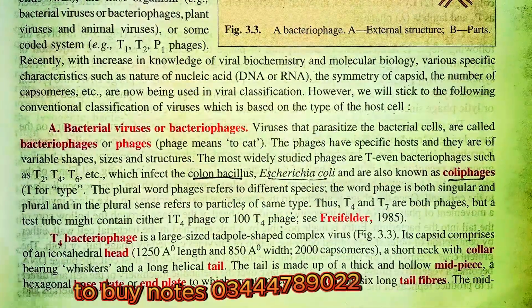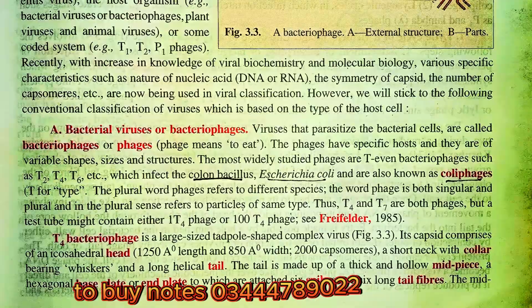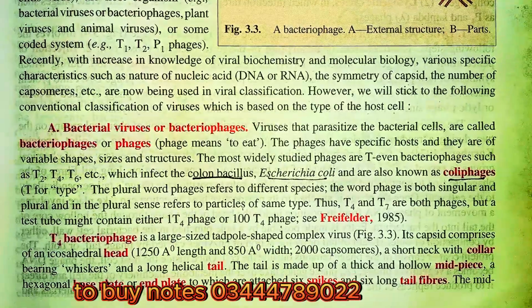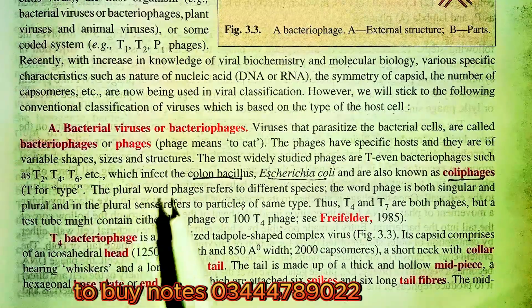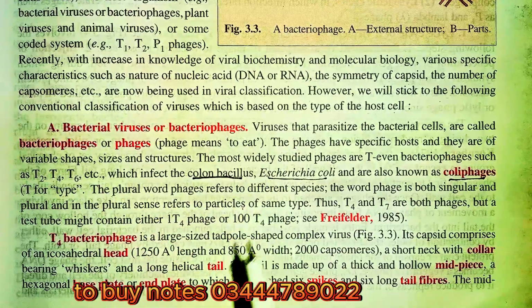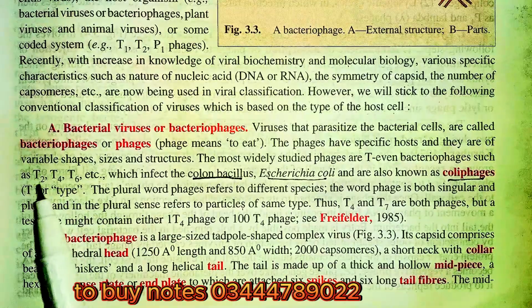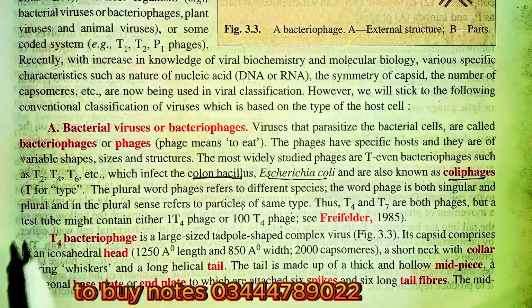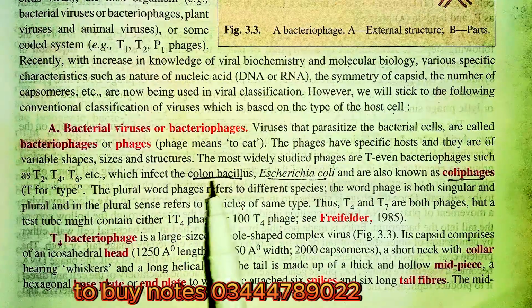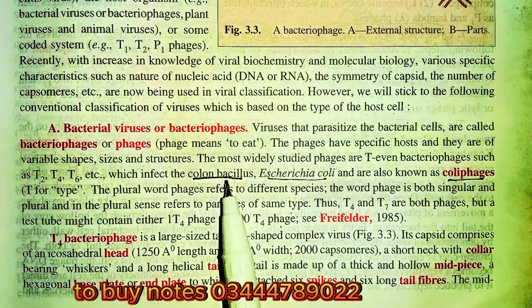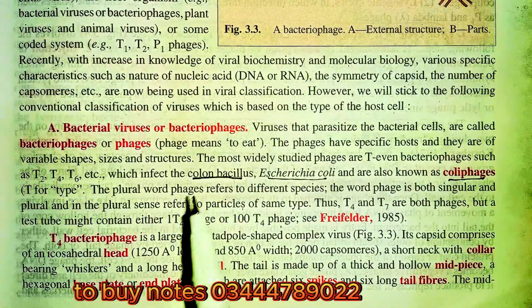Okay, so let me tell you the basic name of any virus. We call viruses bacteriophages because we name them after the cell they eat, right? So we call them T2, T4, T6, or typically colon bacillus if they are feeding on the colon bacillus, the bacteria present inside the colon of our stomach.